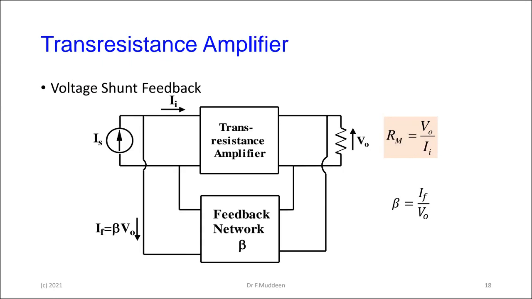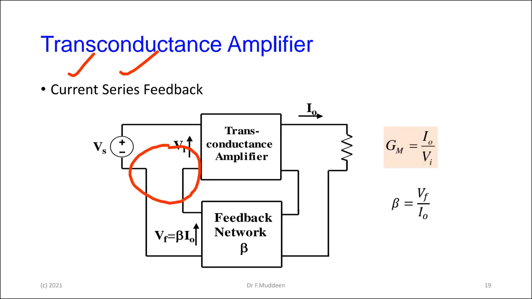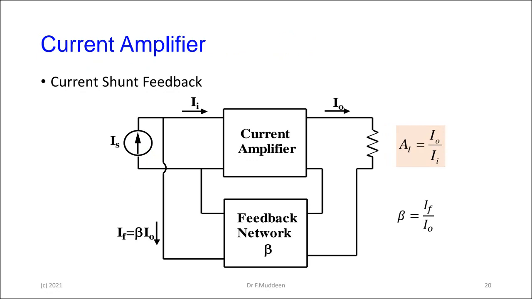The other one, voltage shunt, we are sensing voltage and we're feeding back current. This one, we are sensing current and we're feeding back voltage because it's in series. And the last one, we are sensing current and we're feeding back current. Yeah? So those are the 4 configurations.